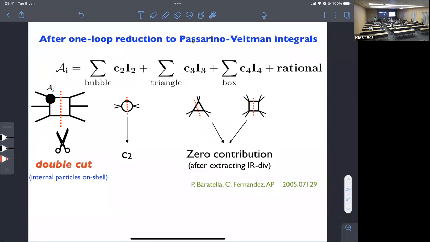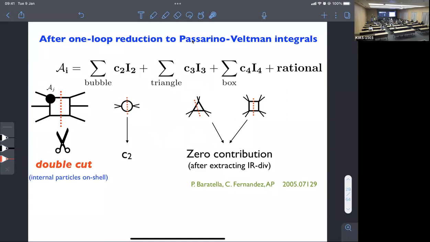The new physics part of the total angular momentum, J equal to 1. From the higher dimensional operator, right?